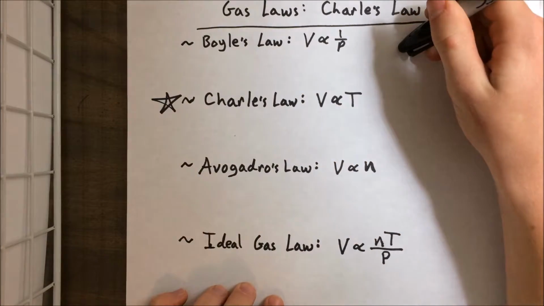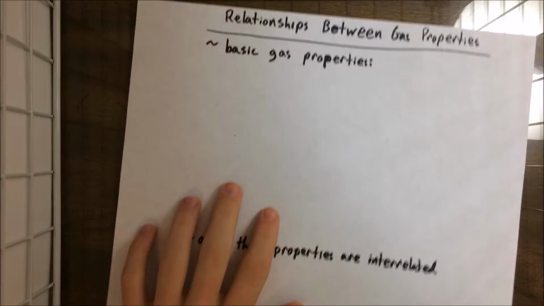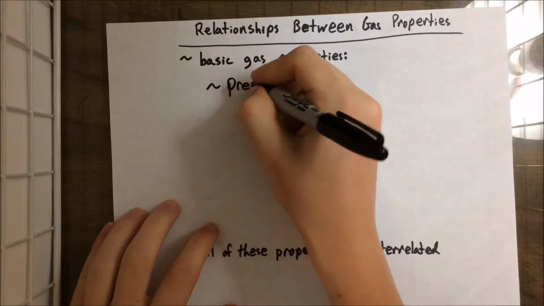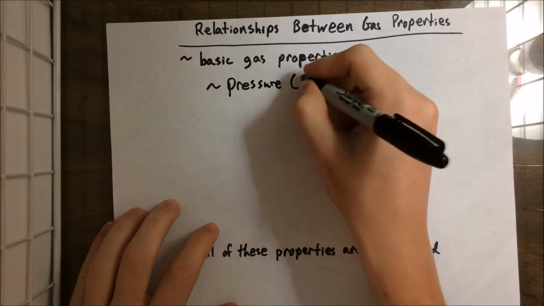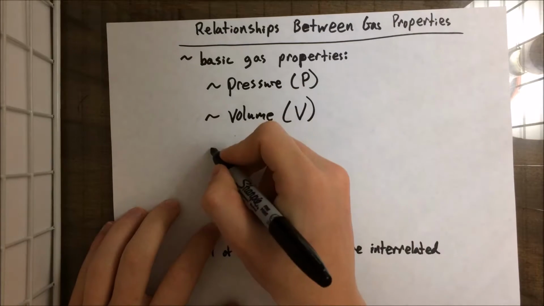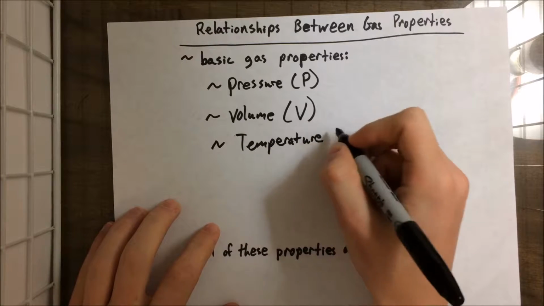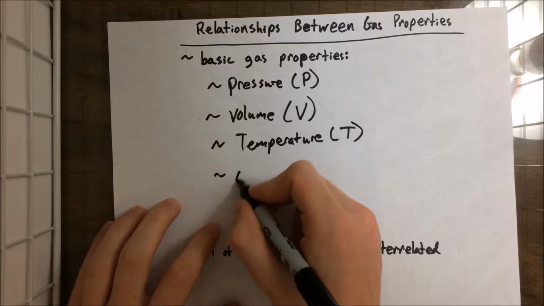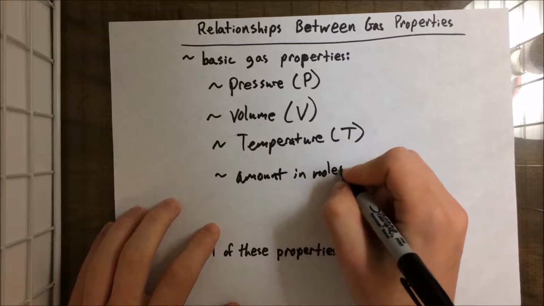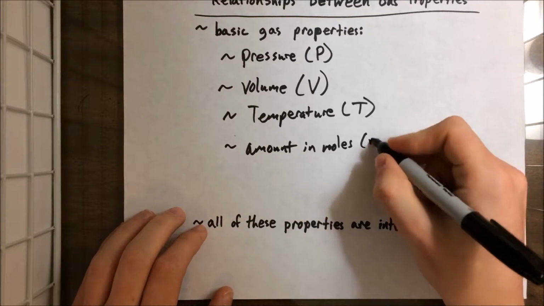These deal with the relationships between the basic gas properties, which are pressure, which we represent with capital P, volume, which we represent with capital V, temperature, which we represent with capital T, and the amount in moles, which we represent with the lowercase n. All of these properties are interrelated through those gas laws.